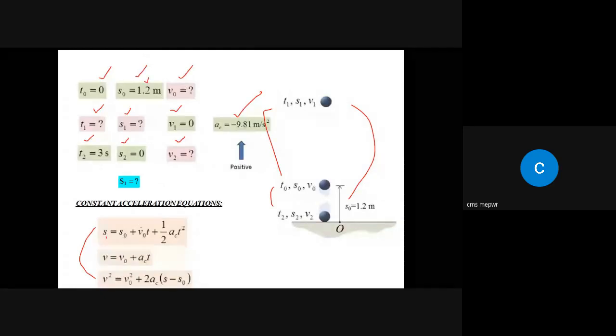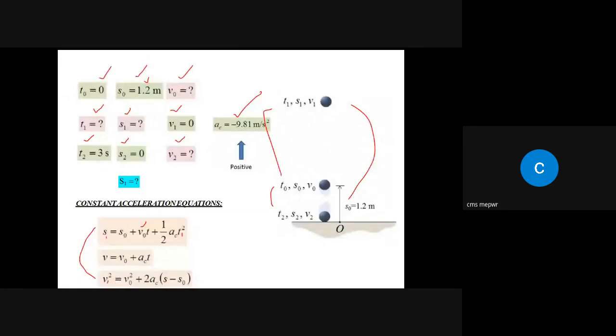Do we have V naught? No, sir, it's not given. Okay, do we have T1? No, sir. So in this equation we don't have V naught, we cannot use this one. Let's look at the other one. If I use V1 and V naught, again I have V1 but I don't have V naught.